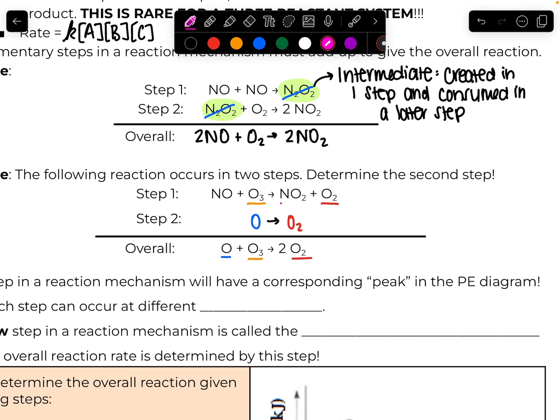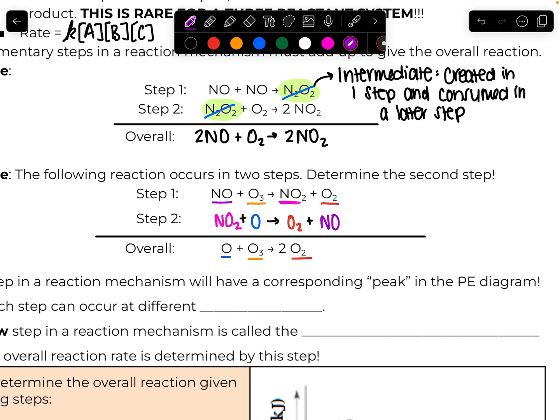So that means if NO2 is here as a product, the only way for me to cancel it is if it's a reactant in a following step. So it must mean it shows up here. Same for NO, nitrogen monoxide. If it's a reactant in step 1, it's got to show up later as a product so I can cancel it out on that side.